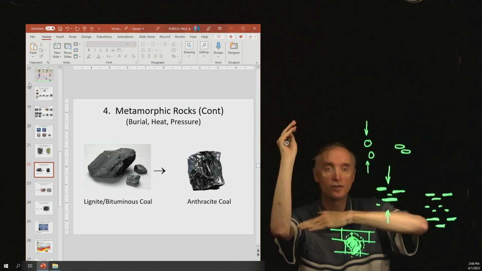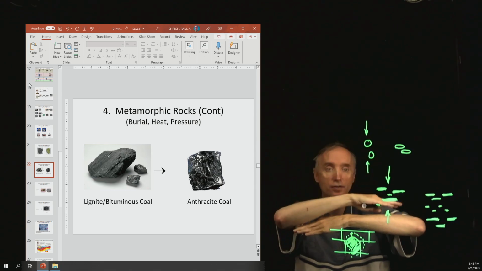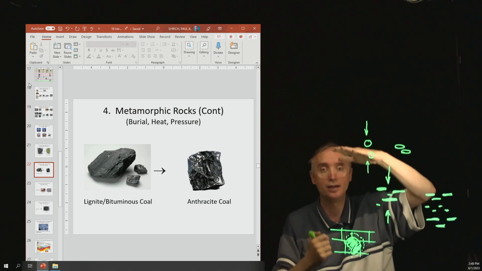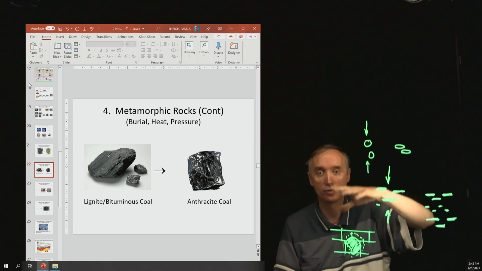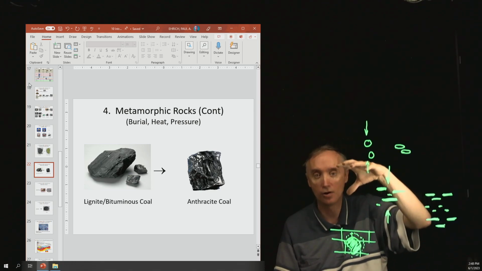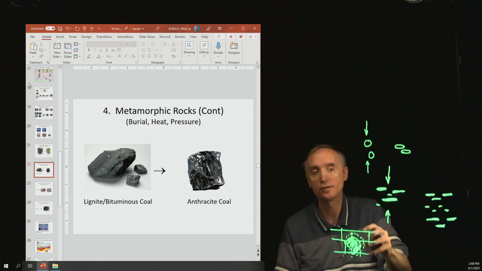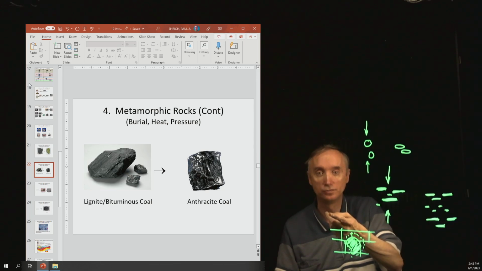One of those trees falls into the swamp, another tree falls on top of it, it gets buried. And so the pressure and also heat metamorphosize that plant material and turn it first into peat, and then the peat turns into lignite coal, and then the lignite coal turns into anthracite coal.